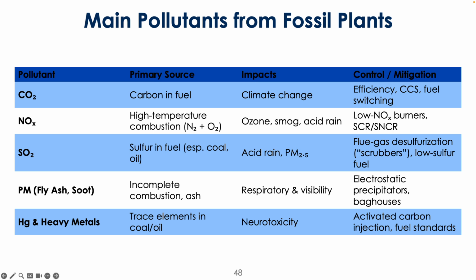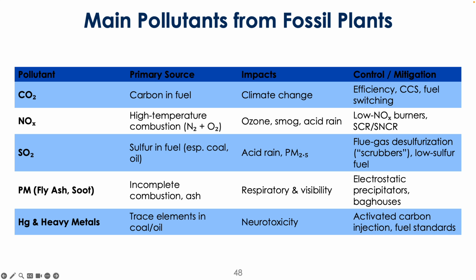With NOx and SOx, these are combustion byproducts. NOx is a result of the combination of nitrogen in the air with oxygen at high temperatures. And then SO2, that's going to be coming from coal more than anything else.